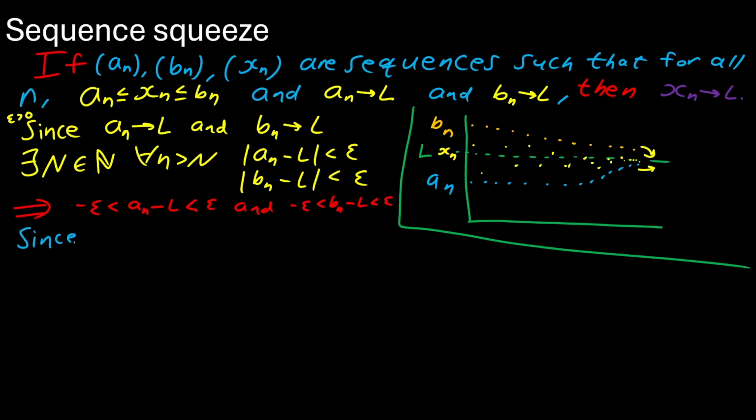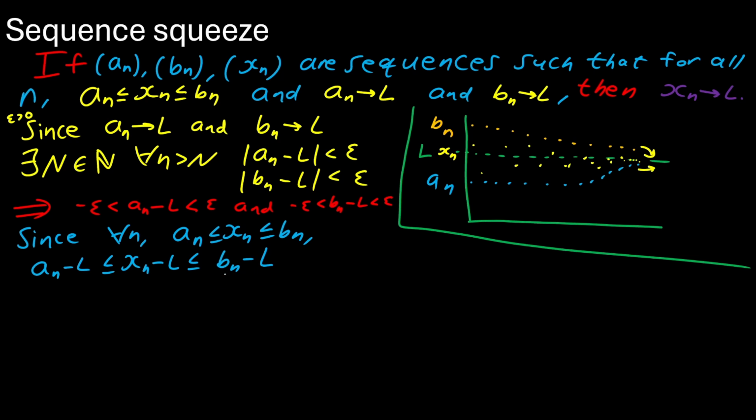Since for all n, xn is between an and bn, that means that an minus L and bn minus L bound xn minus L.